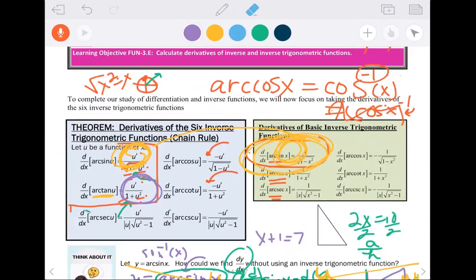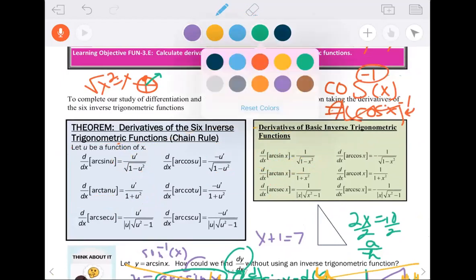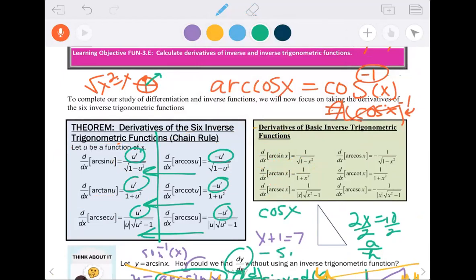So if you can remember the models, I'm going to repeat how we remember them. Okay, I'm going to go erase all this. They all have u prime on the top. So you always start by taking the derivative of the function inside. The cofunctions are exactly the same as these, except the cofunctions go negative, just like the derivative of cosine of x is negative sine x.